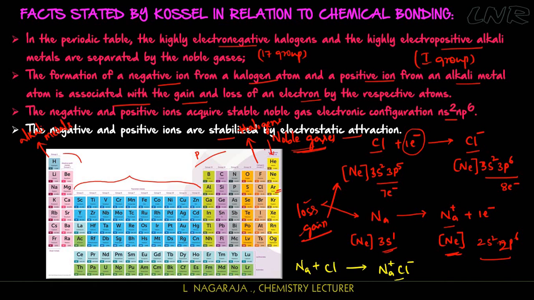That is, this stable noble gas configuration is attained by elements other than noble gases by the loss or gain of electrons. And the negative and positive ions are stabilized by the electrostatic force of attraction. So these are the facts stated by Kossel in relation to the chemical bond.